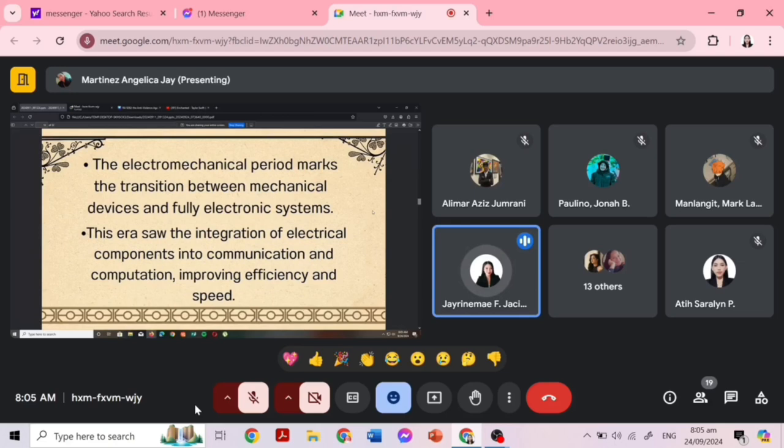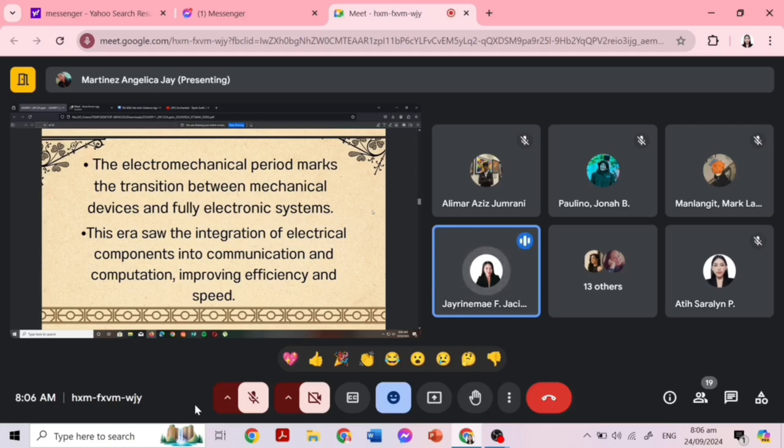So, the electromechanical period represents the shift from mechanical devices to fully electronic systems. It introduced electric-powered communication tools like the telegraph and telephone, and mechanical computing devices such as punch cards, bridging the gap between manual operations and the electronic technologies that followed.